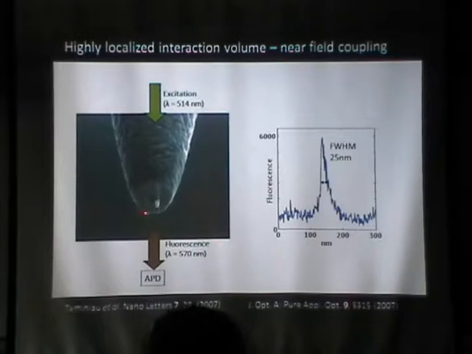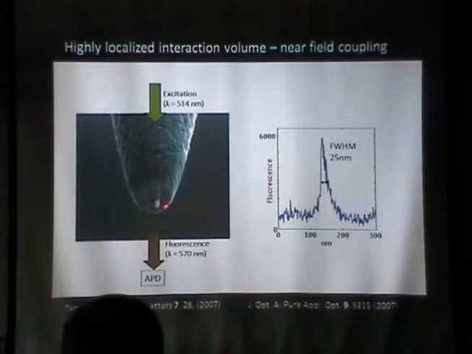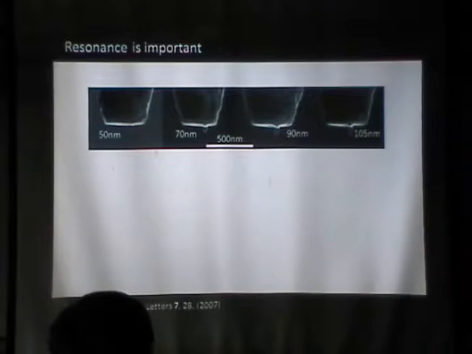So if we do that and we see what happens when the molecule is excited by the near field of this antenna, we see the fields are highly confined. You see it's 25 nanometers, so the antenna is working right. But to make it work right, of course, it was not so easy because we had to tune the length. You saw before in the last talk that the frequency of the resonance depends on the shape, on the size, on the material.